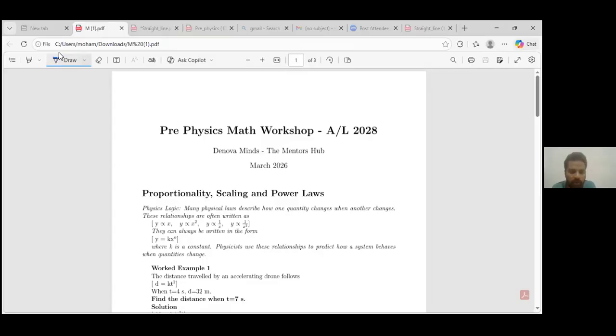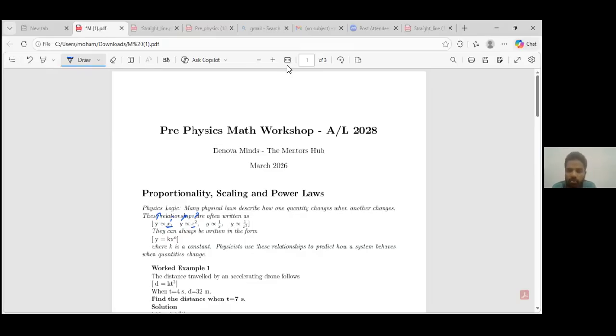So, for example, if you increase this x here, the value of y also increases. Now we have another relationship here. It is y is proportional to x squared. So here also, when you increase x, y also increases.